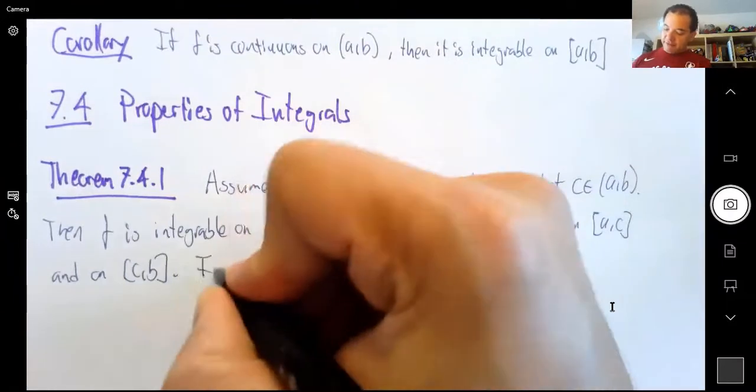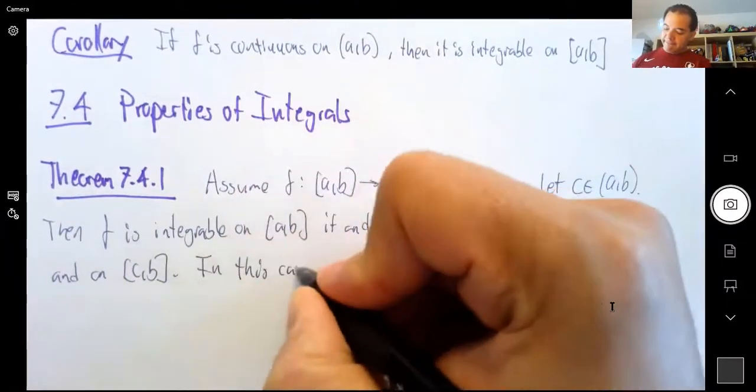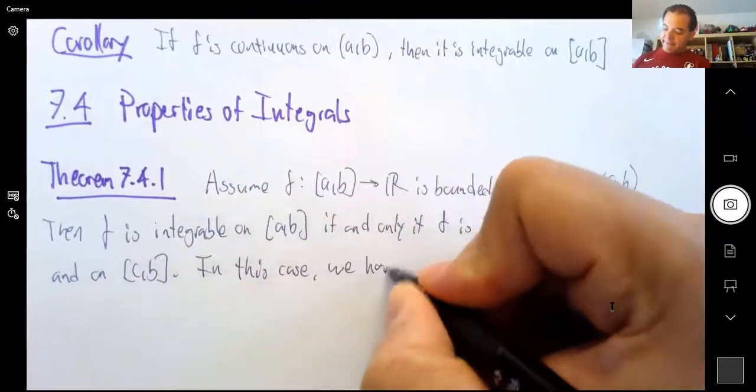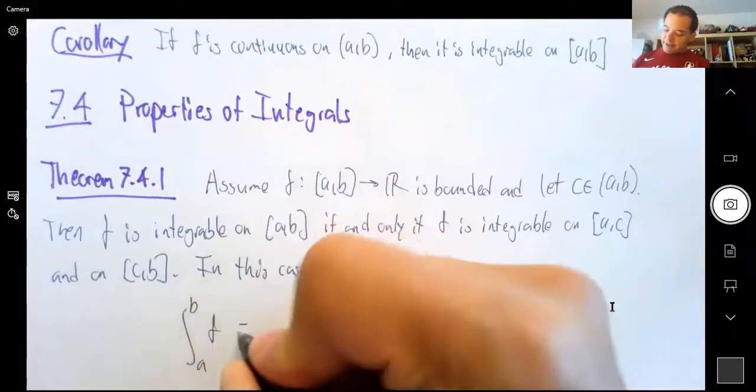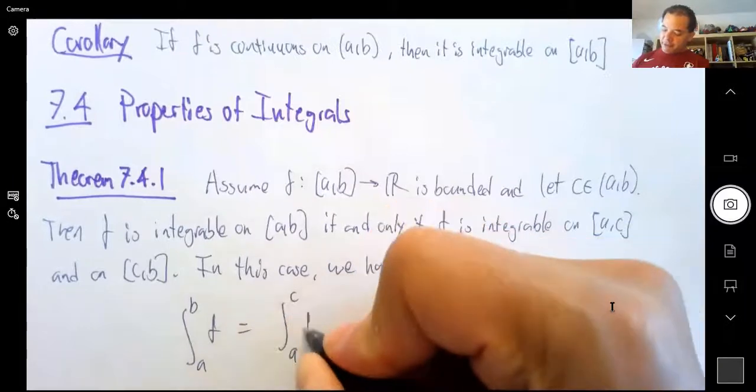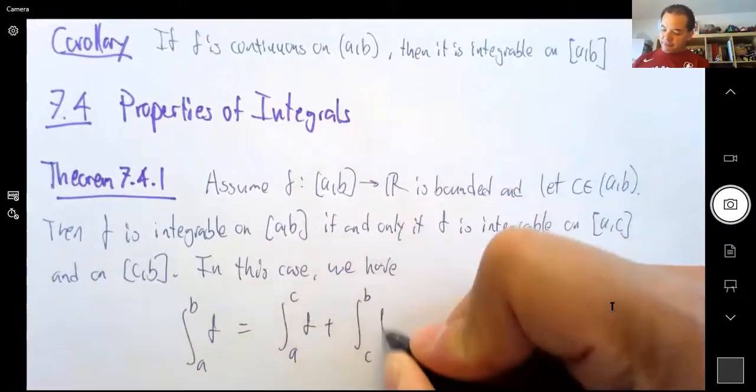In this case, we have that the integral from A to B is the same as the integral from A to C plus the integral from C to B, right?